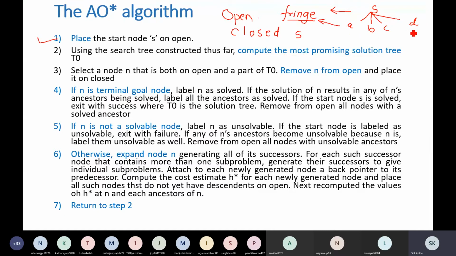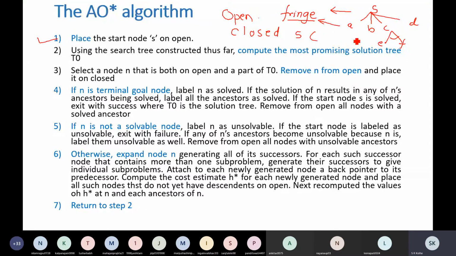Now suppose C is the better node, or rather no node is a goal node, so you are going to select the better node. So the better node is C. You are going to remove this C from open, because on open we have A, B, C, D. Remove this C from open, explore it, generating its children. Suppose that has generated E and F. So E and F will be on open now and C will be on the closed list.